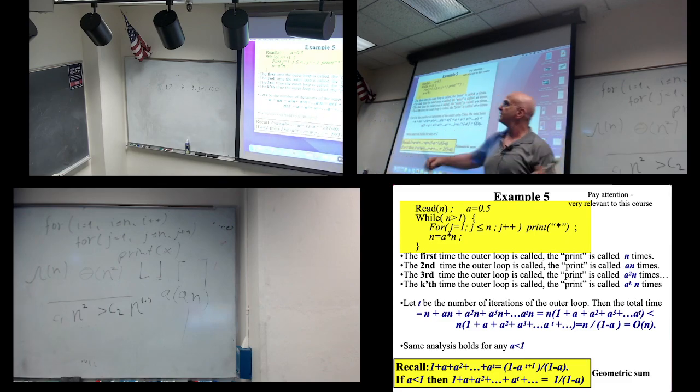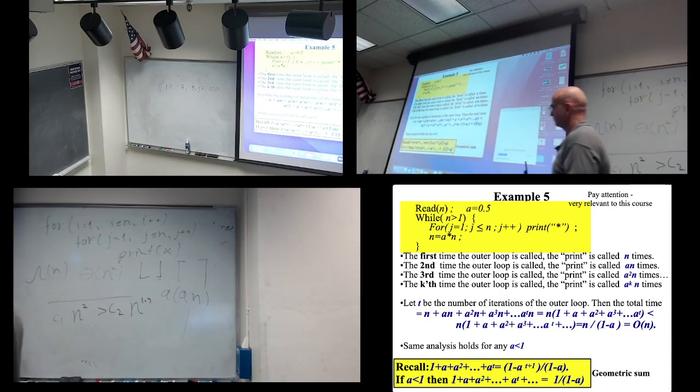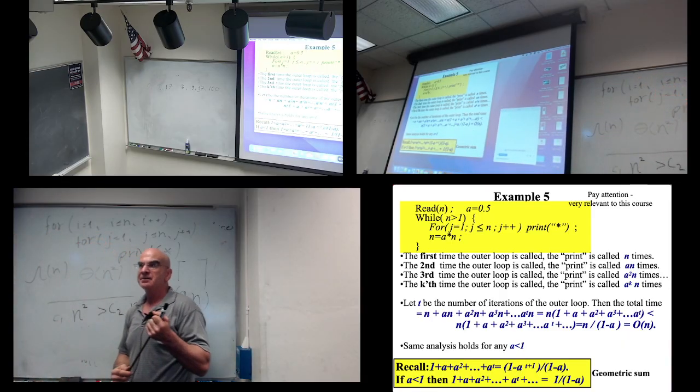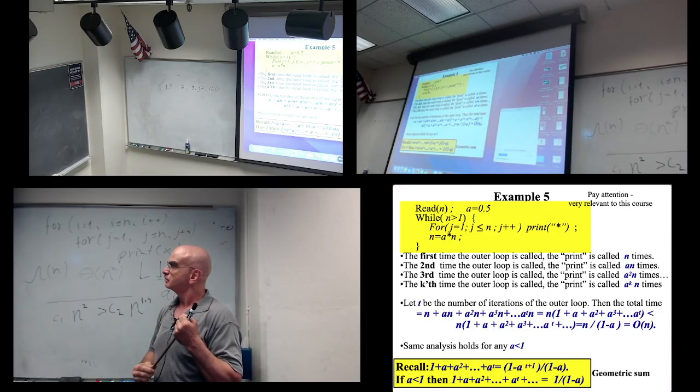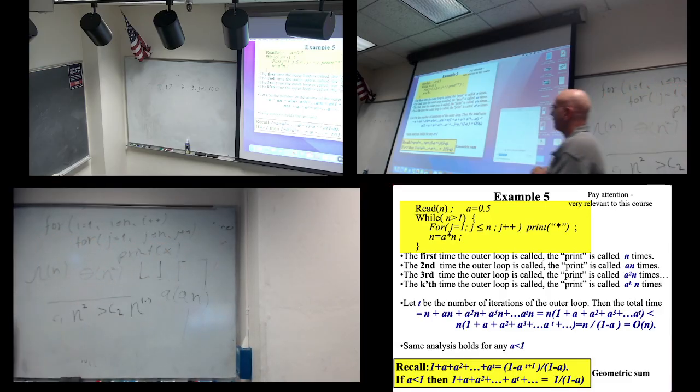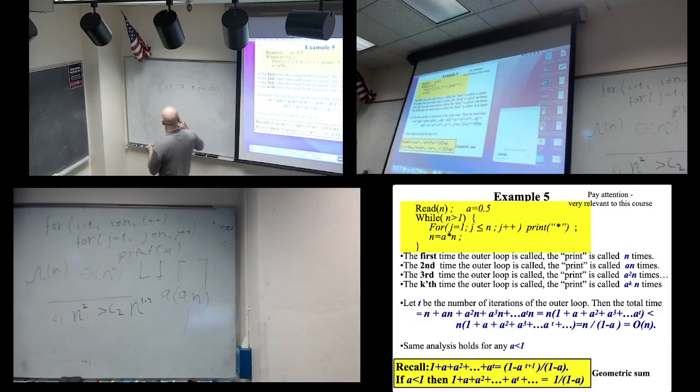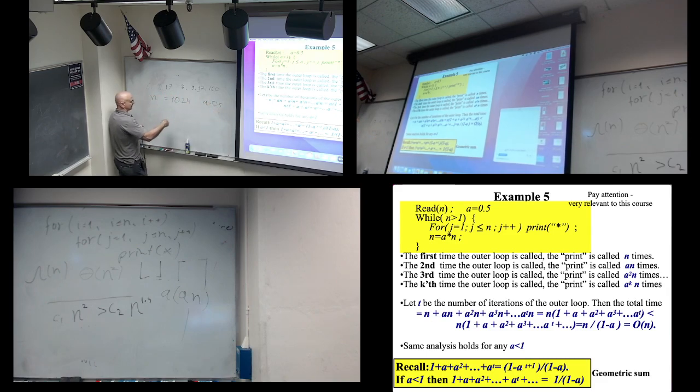How many times do I execute this command, before we are getting to this part? n times? Sorry? n minus 1? I start when n equals 1024, and a is 0.5. Then the next time that I execute n equals a times n, it will be 512, which is half of it.